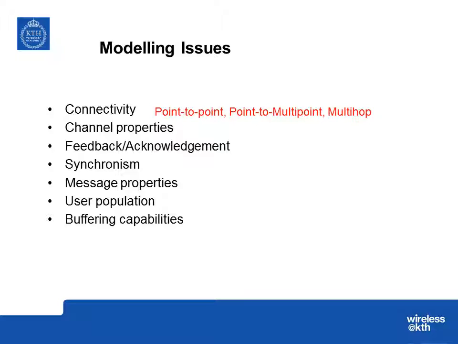The model we described so far implies a system configuration similar to a cellular system where many transmitters transmit to a single base station. But without loss of generality, we can also model point-to-point systems, point-to-multipoint, or even multi-hop mesh network type connectivity models.